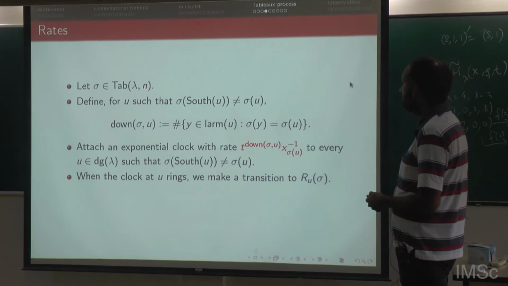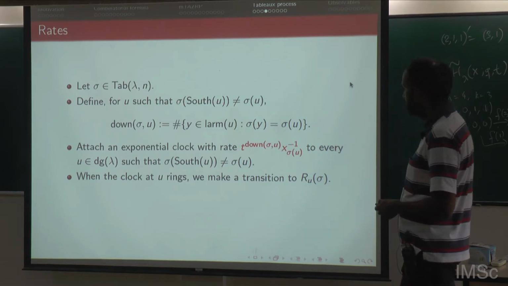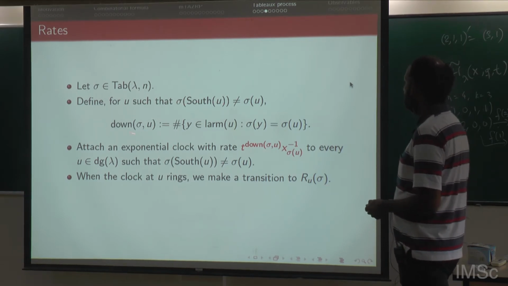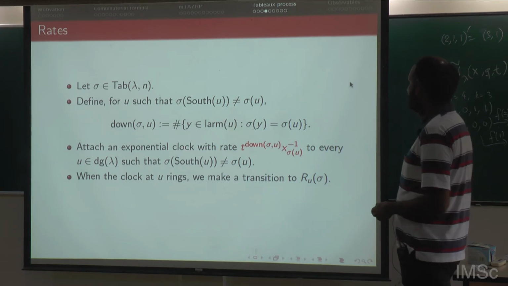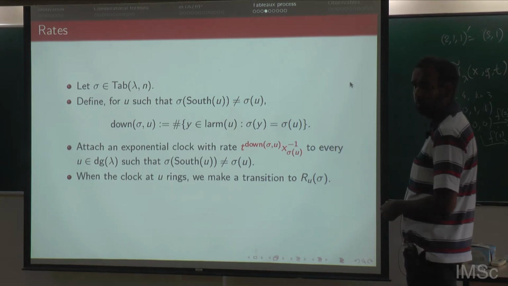Suppose sigma is a tableau and u is a cell such that sigma of south of u is not equal to sigma of u. Then down of sigma u is the set of all cells in the lower arm of u which have the same content as u. Then we attach an exponential clock with rate t to the down of sigma u divided by x of sigma u.